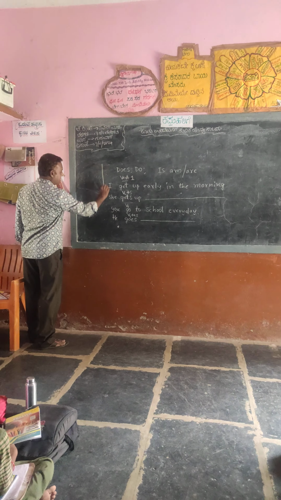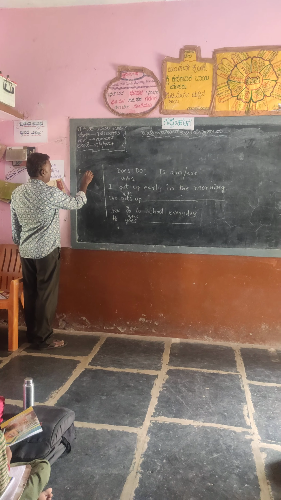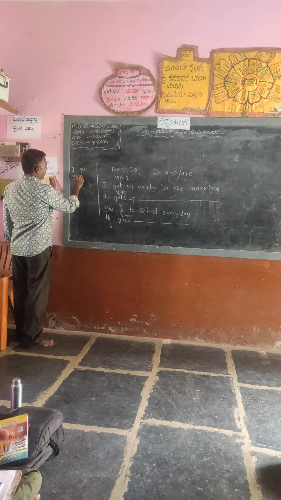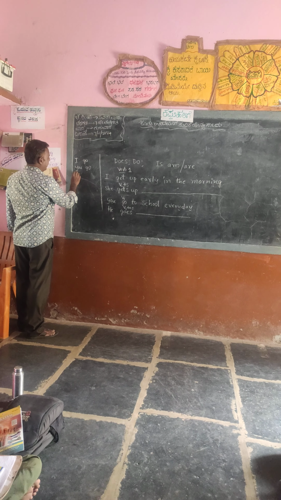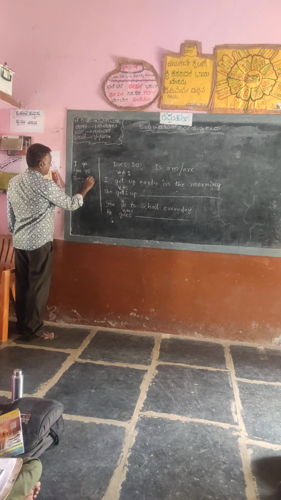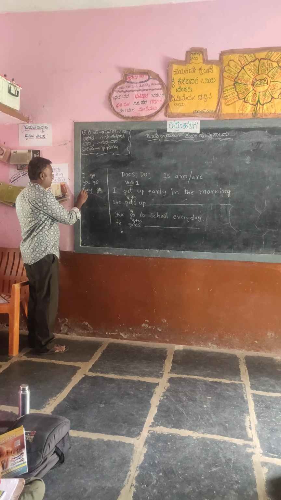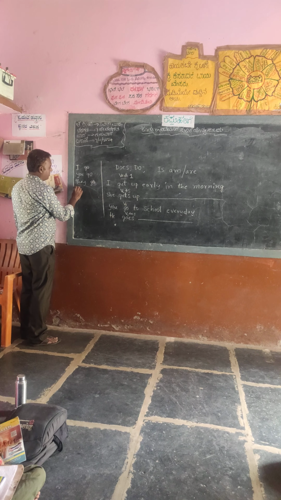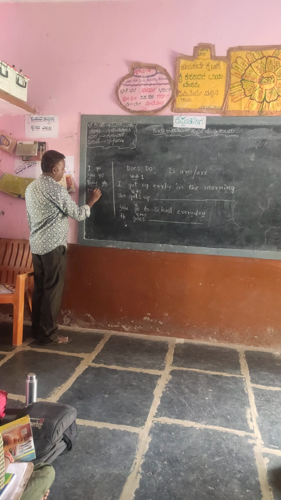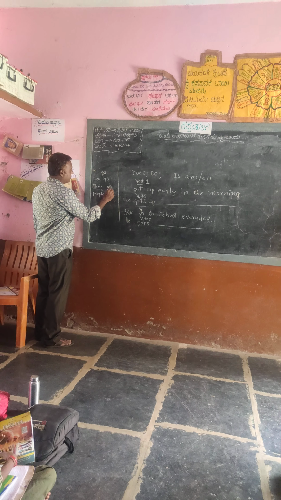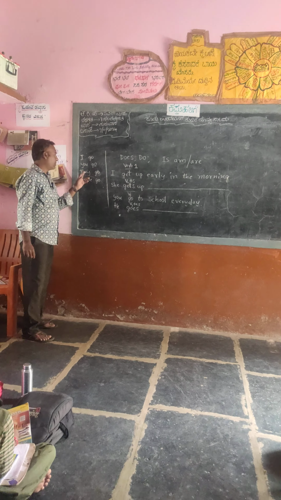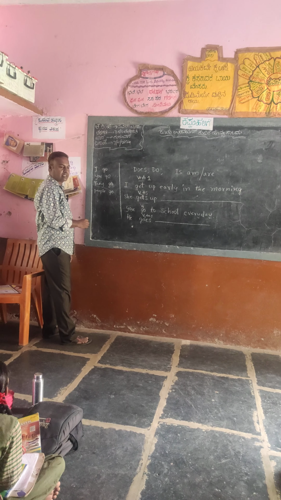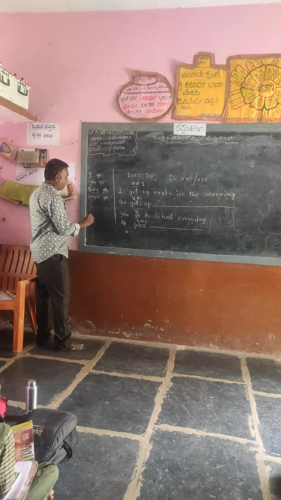I'll give one more example. I go. You have to write like this. You go. They go. Next, people go. Plural subject. These are the plural subject. For the plural subject, you have to use V1. For singular subject, you have to use es, ies according to the verb.